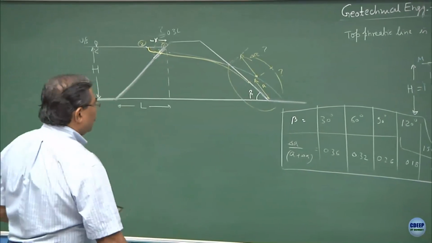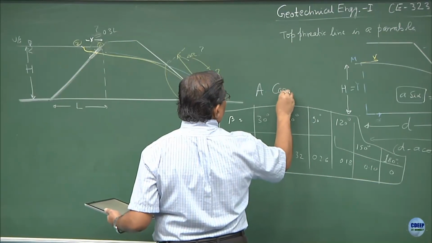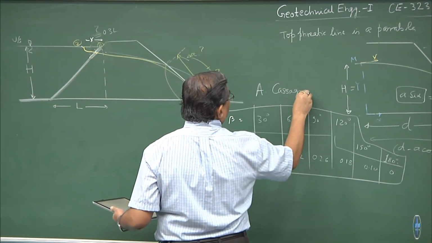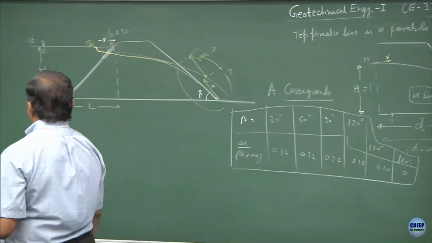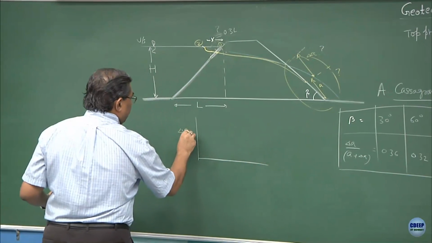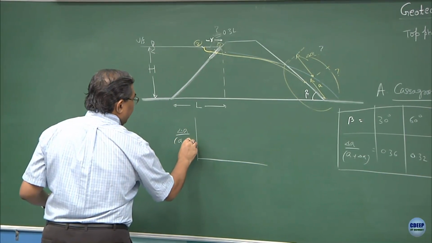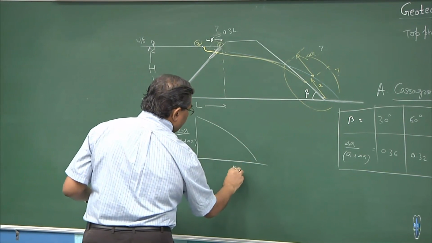This was given by Arthur Casagrande. We call this as Casagrande graph, where delta A upon A plus delta A is inversely proportional to the beta.